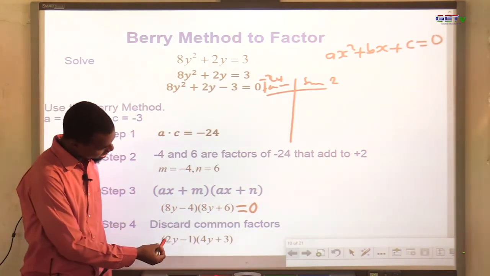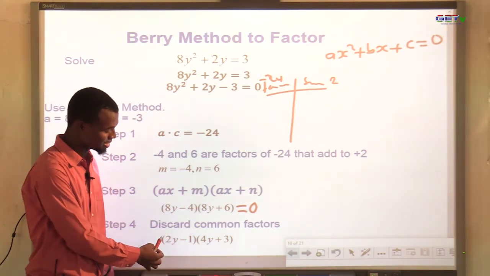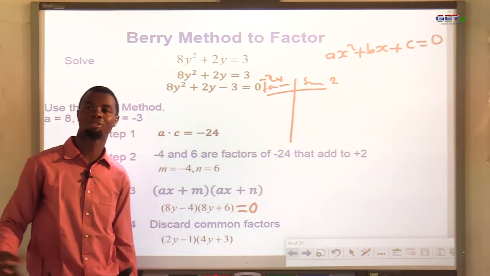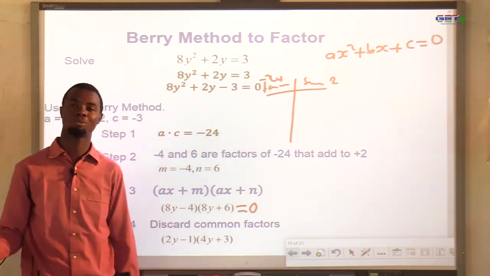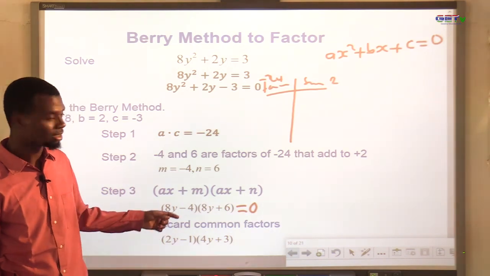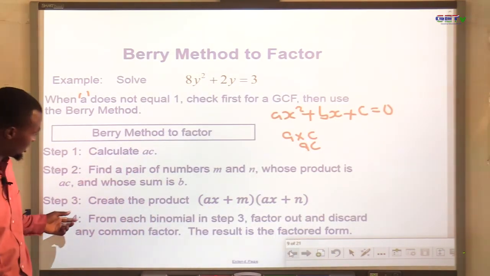Then 4 goes into 8 two times. This is why we have 2y. Minus 4 into itself is 1. So similarly here, the common factor is 2. We look at step 3. Let's go back a little to step 3.